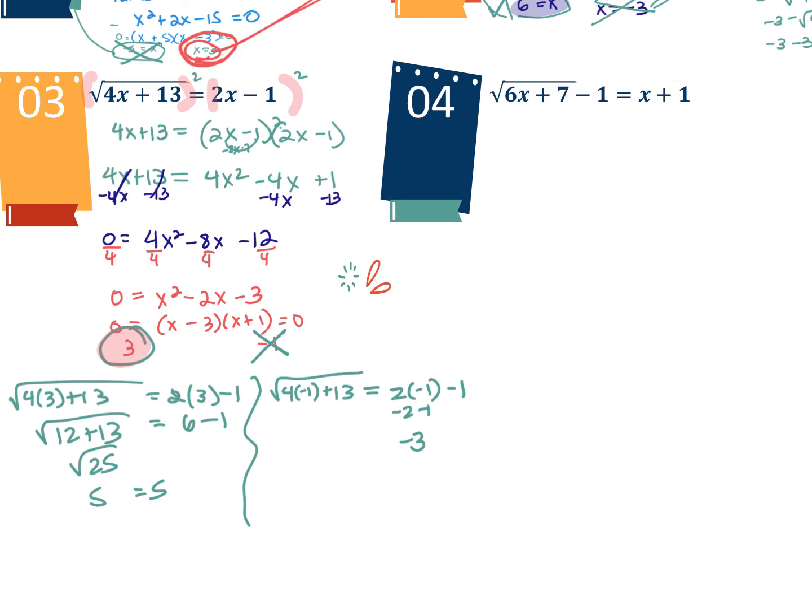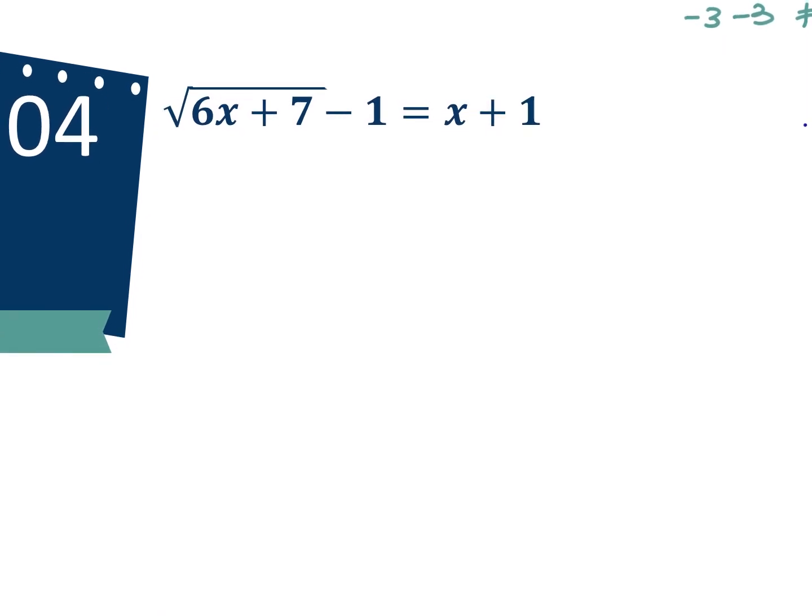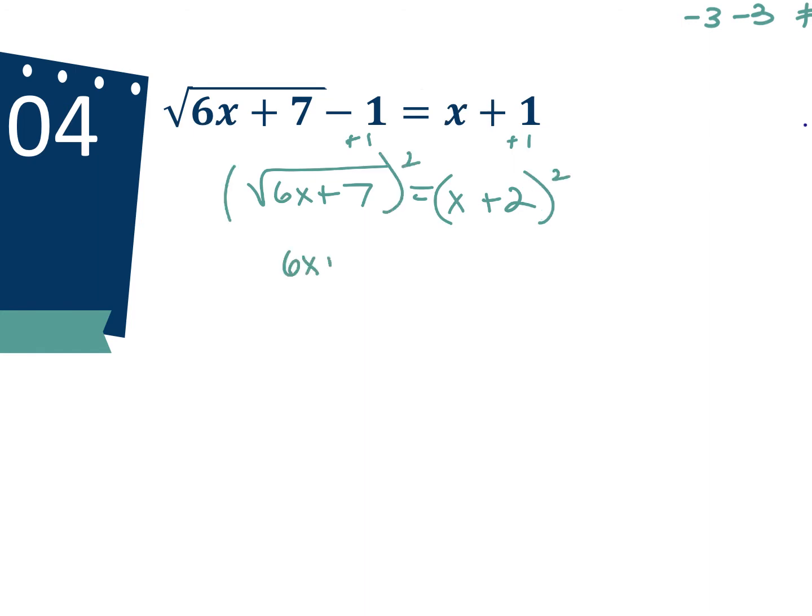All right, step 1 for number 4 is what? Good. Add the 1 to the other side. Square root of 6x plus 7 equals x plus 2. Then I square both sides. 6x plus 7 would equal, expand and FOIL, or use your shortcut, x squared plus 4x plus 4.